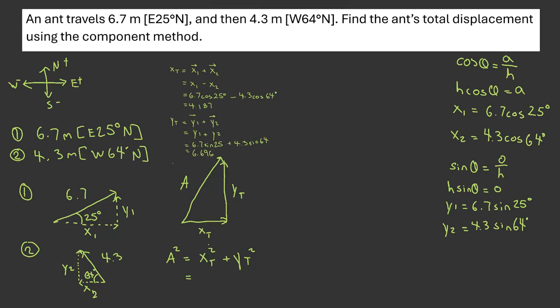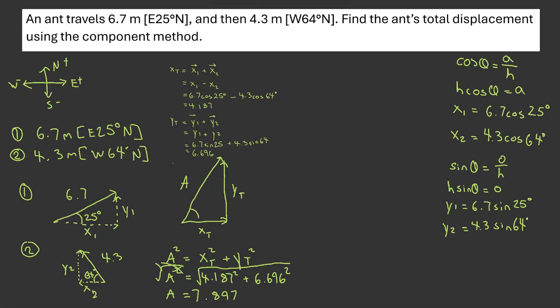So I'll have 4.187 squared plus 6.696 squared equals a squared. And then I can square root both sides as well, to cancel out this square, which when I plug it into my calculator will give me a equals 7.897.